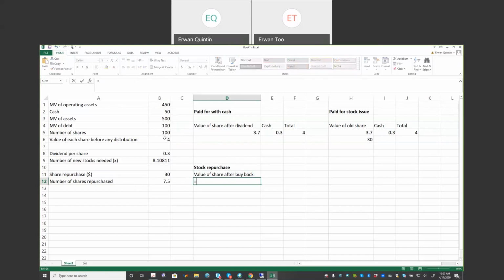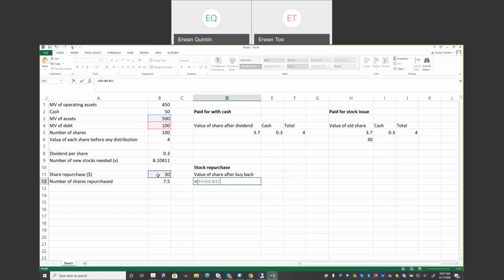But what if you don't sell? If you do not sell, the market value of equity after the stock repurchase is 500 minus the market value of my debt minus the $30 here, which has to come from somewhere. It doesn't matter where it comes from.